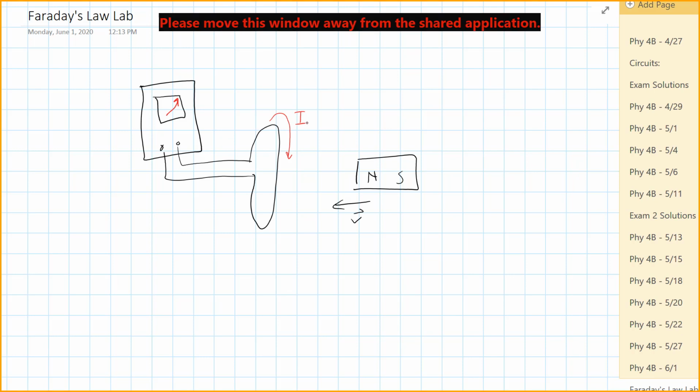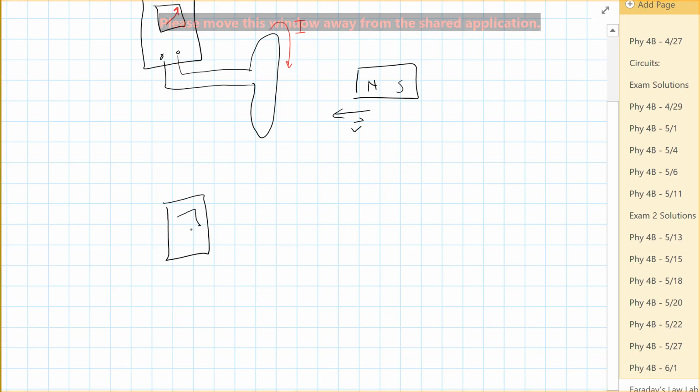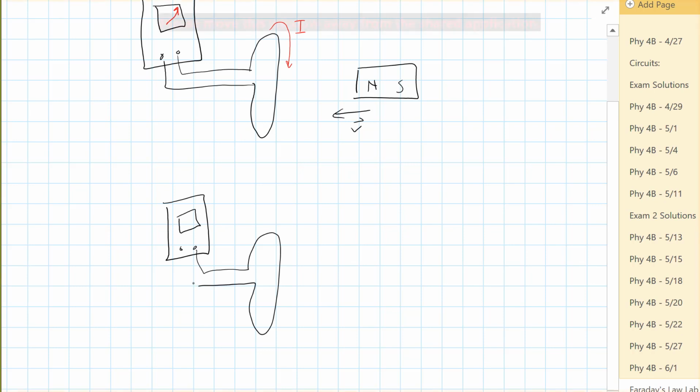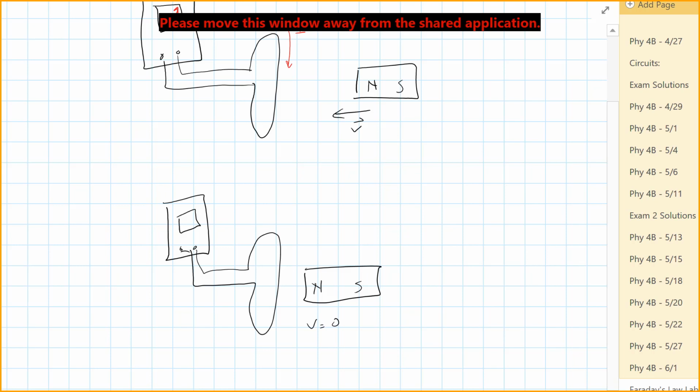If I stop moving it, I've got my ammeter here, my loop of wire perpendicular to the page, and my magnet just sitting here. What happens? No current.